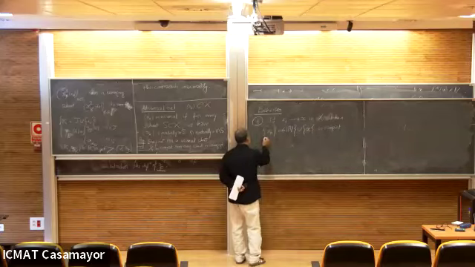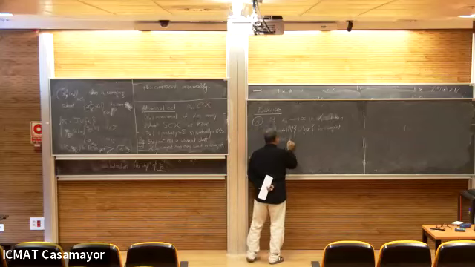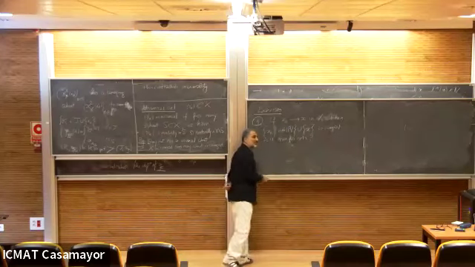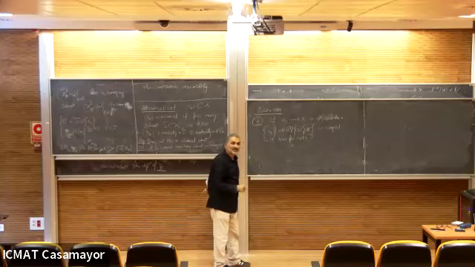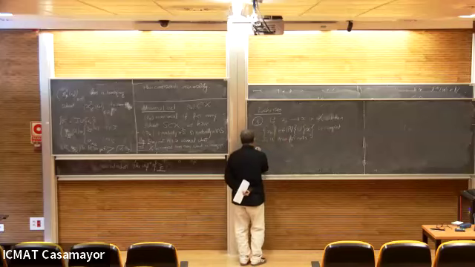The question: is it true for nets? If you take a net that converges to x, you take the net and you add x. Does this give a compact set?